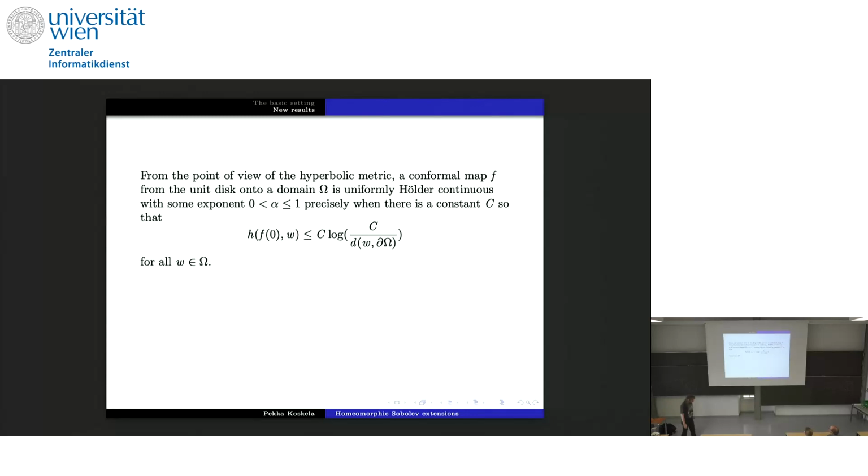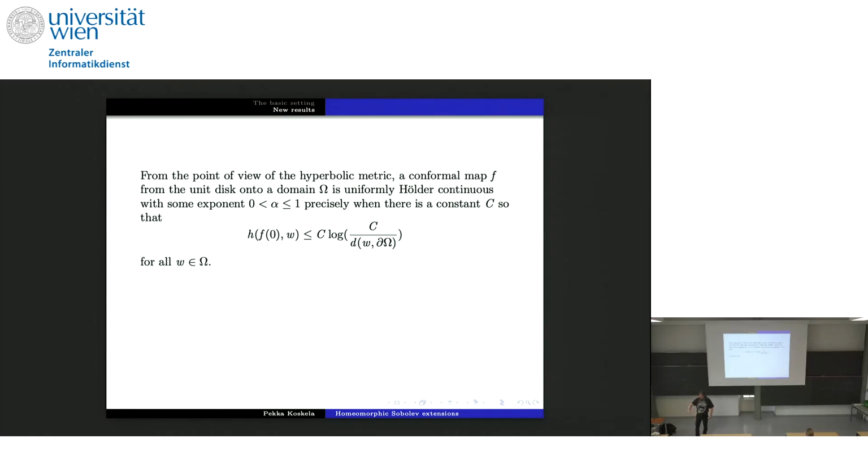Okay, so now I have to talk a little bit about the hyperbolic metric. If in your complex analysis course, you have probably seen the hyperbolic metric in the disk, or hyperbolic distance in the upper half plane. In the upper half plane, it's the path metric obtained by minimizing integrals of 1 over the imaginary part of z.